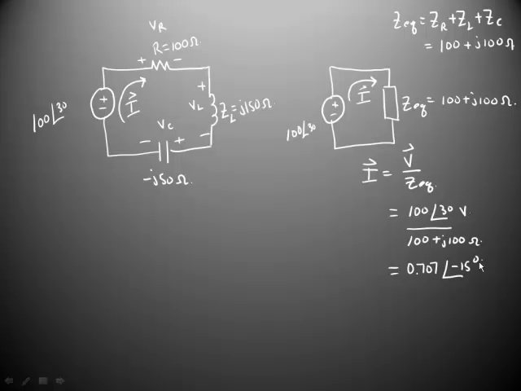From there, it's easy to go back to the original circuit that we had and say that the voltage that's going to appear across our resistor, V sub R, is just going to be I phasor times the impedance of the resistor, or 0.707 at angle minus 15 degrees times 100 ohms. 70.7 at angle minus 15.